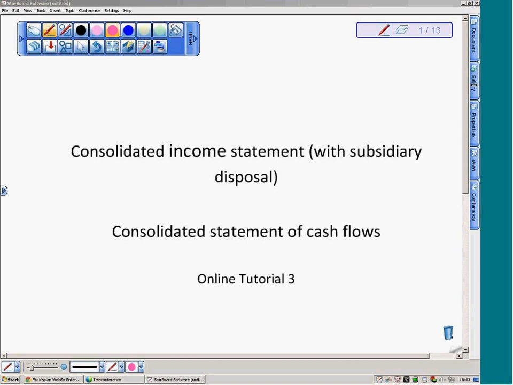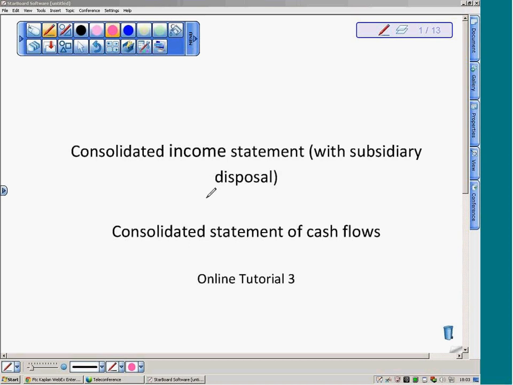One of them is a guaranteed question on groups, so you're potentially going to see a consolidated SFP or a consolidated income statement with a consolidated statement of changes in equity. Often they tend to examine that with your disposals of a subsidiary, hence why we are showing in this tutorial an exam question that does accommodate that.